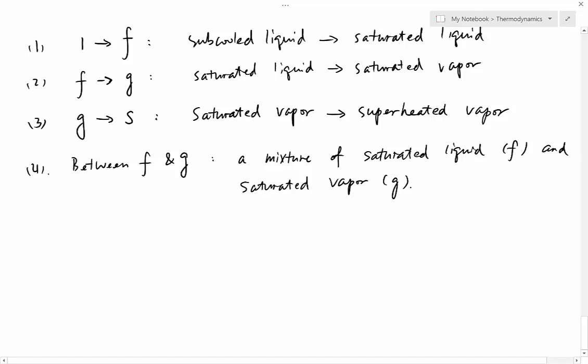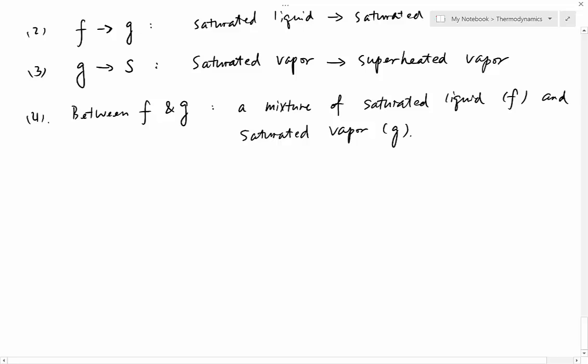So now we have a mixture of saturated liquid and saturated vapor. I also want to know the percentage. How much does the saturated liquid take up, and how much does the saturated vapor take up? So that's why we introduce a parameter called quality. Quality, and we use letter X for quality.